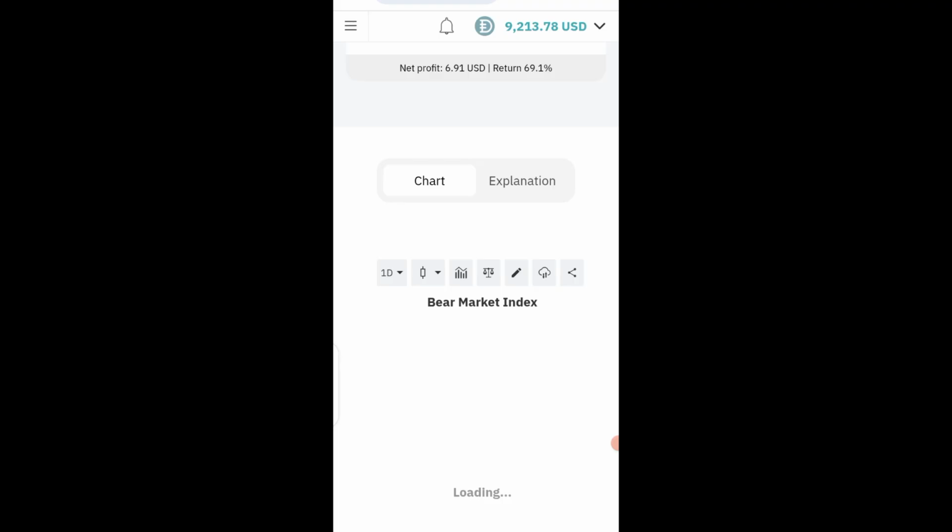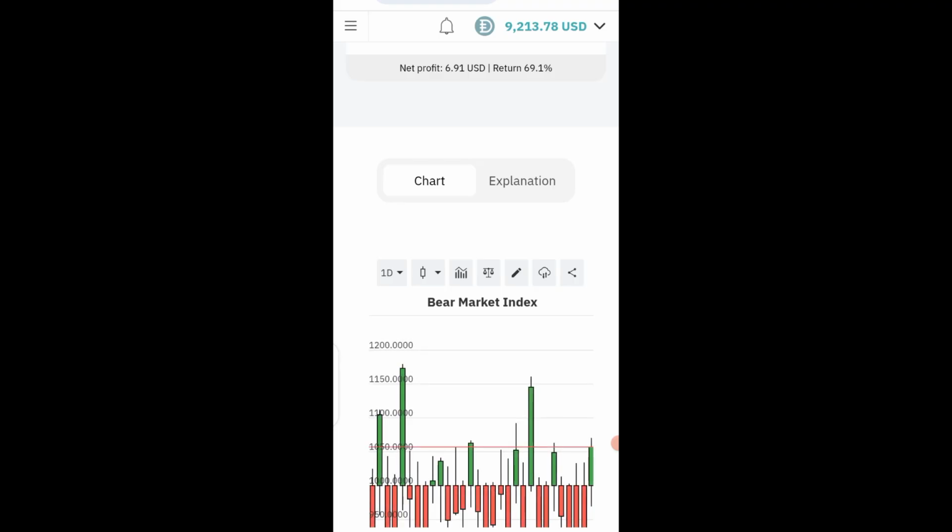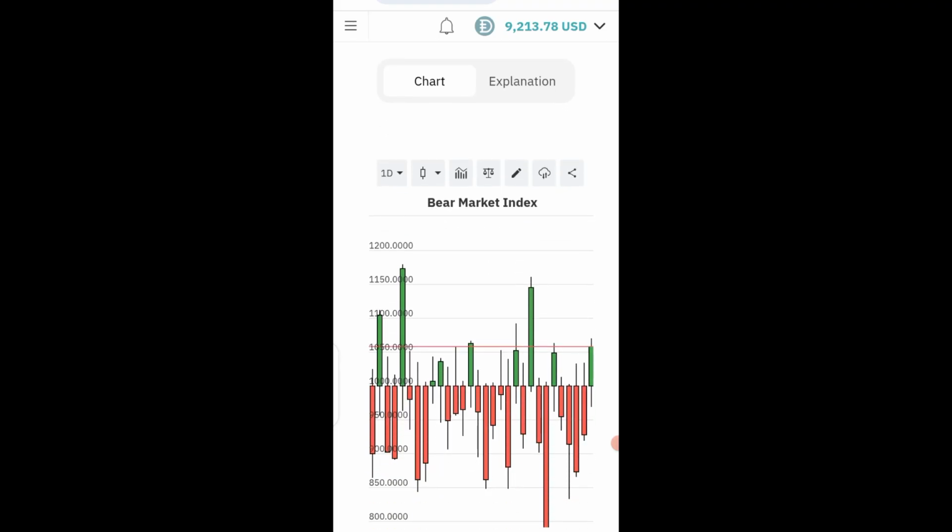You can see it now. First confirmation is wrong. Bear is above the middle line on the daily time frame instead of being below. So we are not trading. This is a rule-based strategy. You don't force trade. If the rules are not okay, you don't trade. But I just need to complete this particular video today.